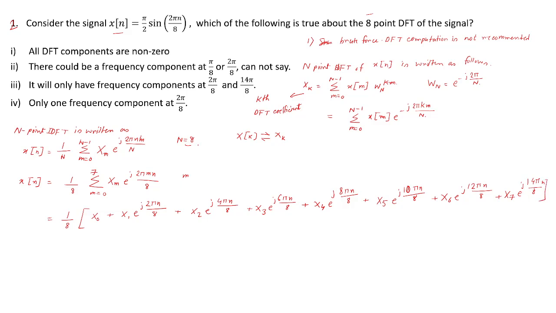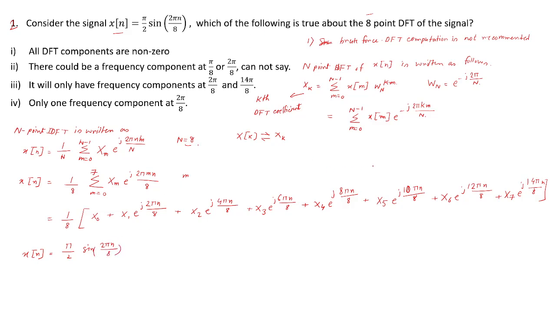Okay, so this should be the expression of xn, the input signal, in terms of its 8-point DFT coefficients. So now let us use this tricky way to represent xn. xn is given as pi by 2 sine 2 pi n over 8.